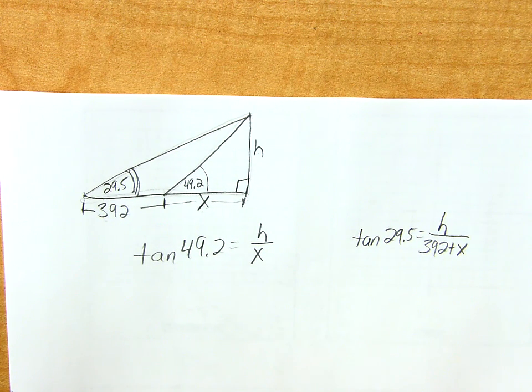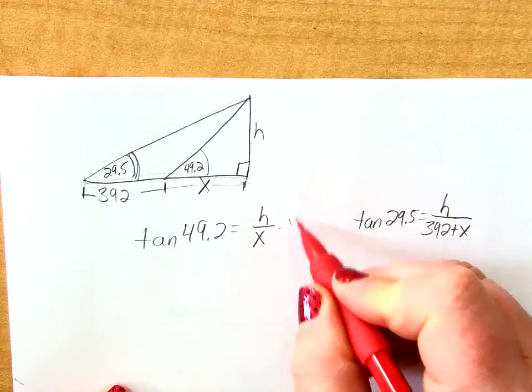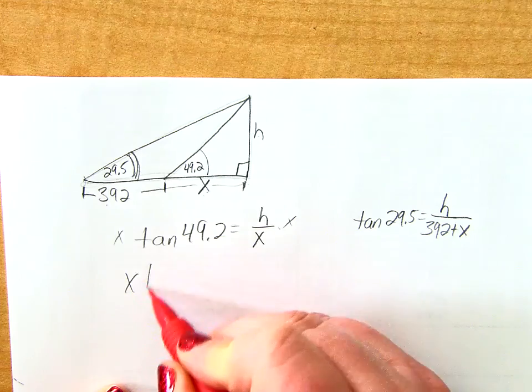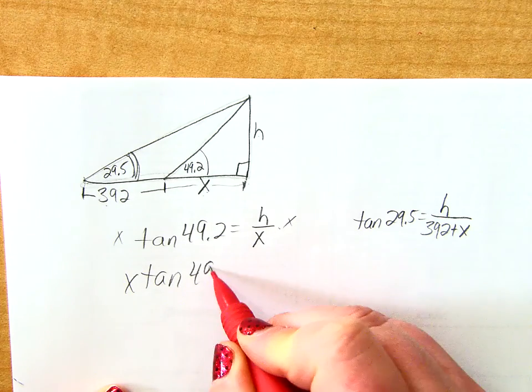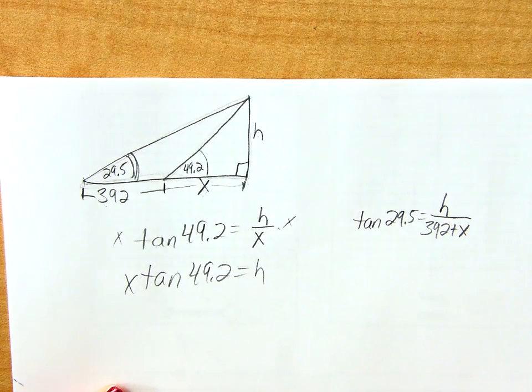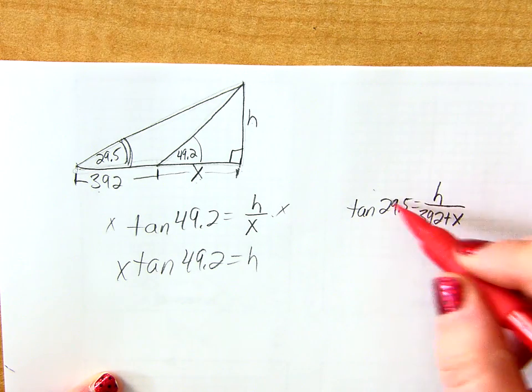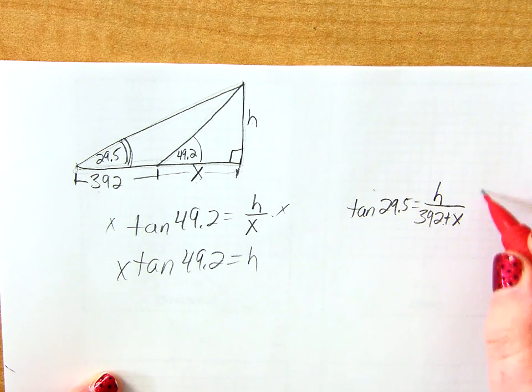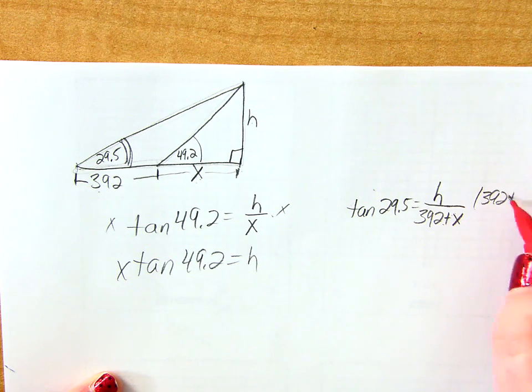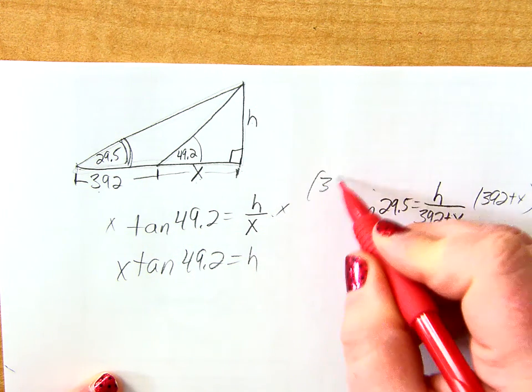Then the next step was to get h by itself in each one. So here I'm just going to multiply both sides by x. Here I'm just going to multiply both sides by that, right? So 392 plus x on this side and on this side.